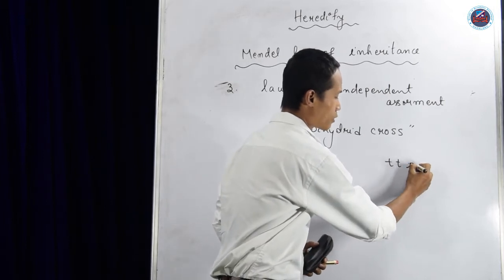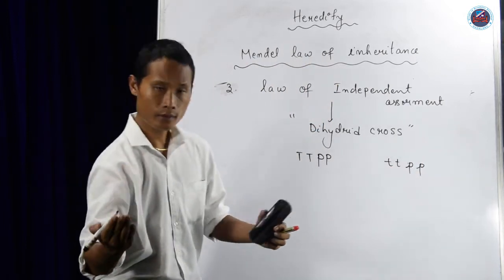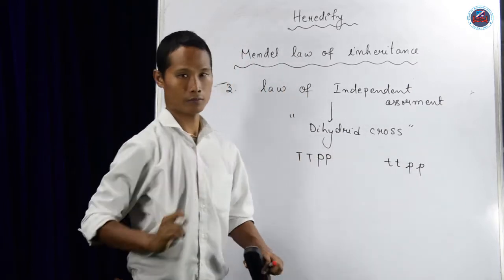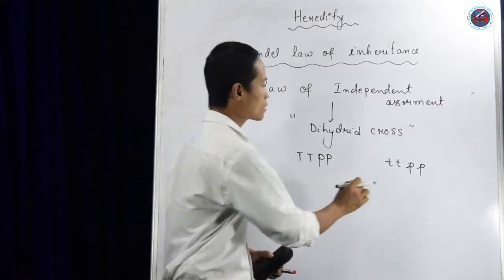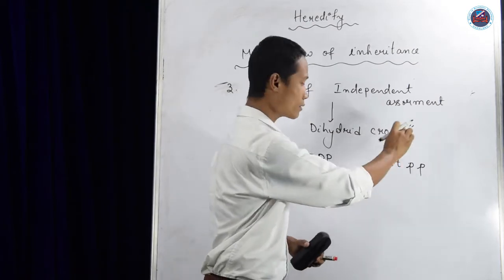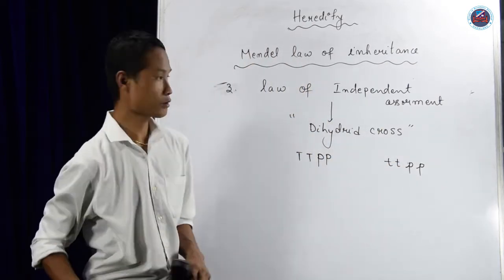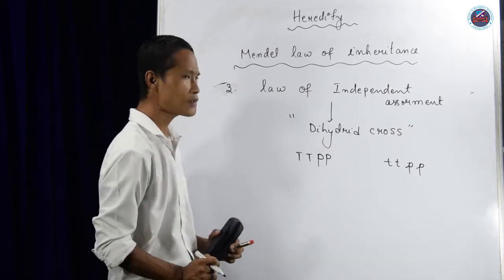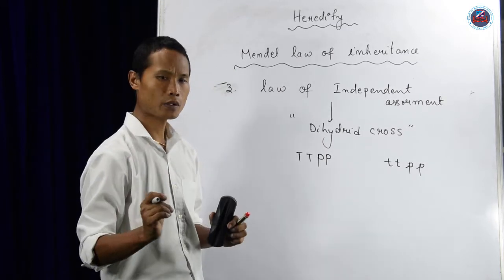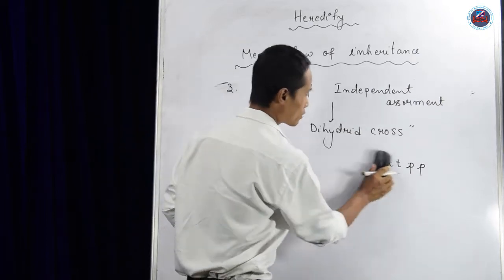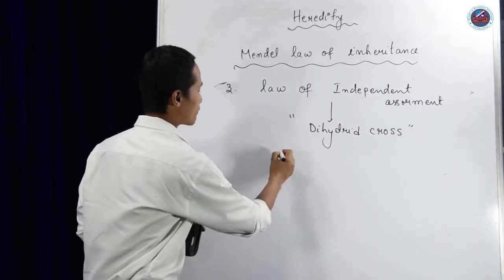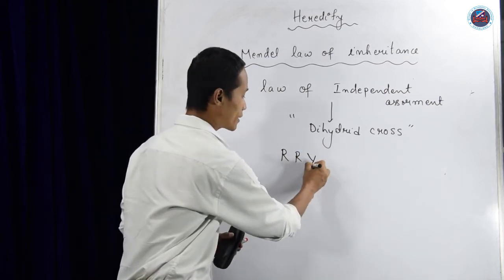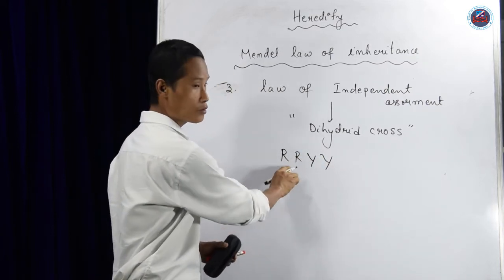Small p, small p can be white color. So a tall plant with purple flower and a short plant with white flower is an example of a dihybrid cross. Now let's take another example from your textbook, that is capital R and capital Y, meaning round yellow.